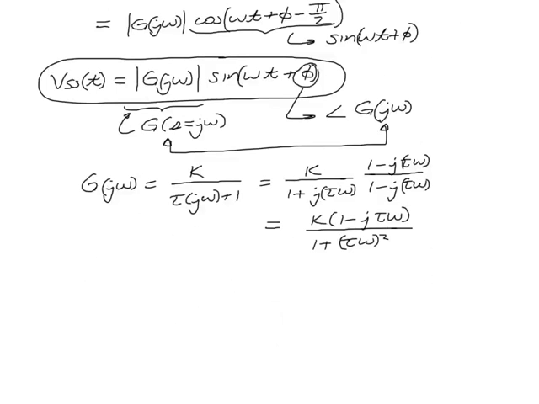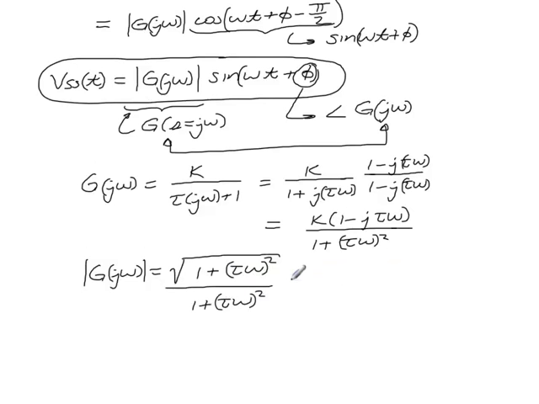So from this I can see that the modulus, the sum of the squares of the real and imaginary parts with the square root, is going to be 1 plus (τω)², divided by 1 plus (τω)², times K. That ends up therefore as being K divided by the square root of 1 plus (τω)².